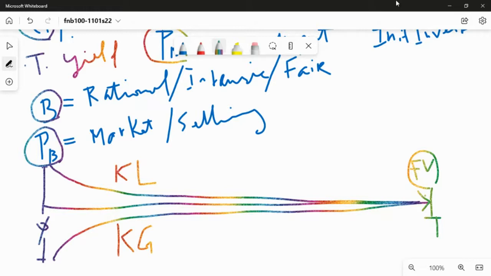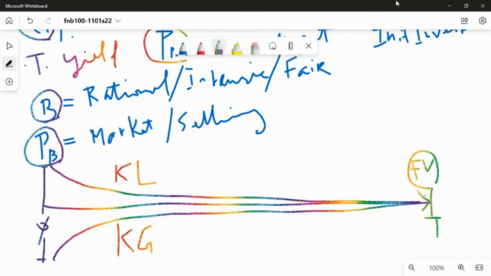Which was swayed by the noise. Whereas P sub B is the average Joe and average Jane's price, the price determined by demand and supply. And as I said, in case of stock, there can be a huge difference between the rational price and the selling price, the market price.